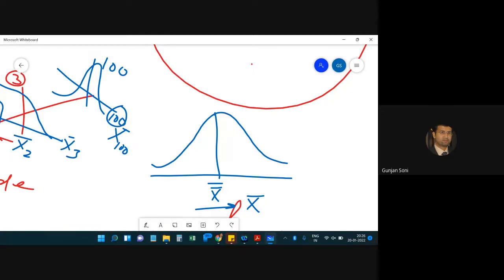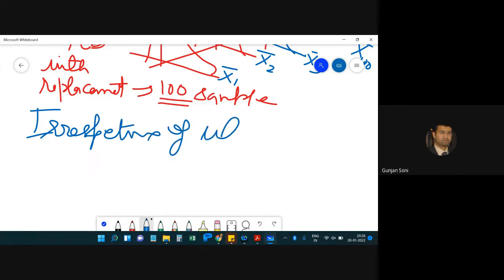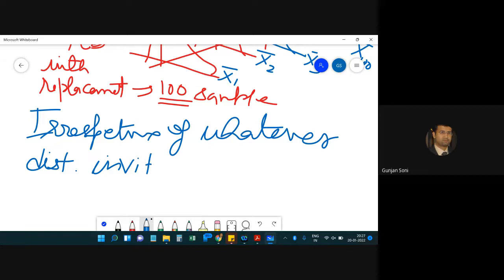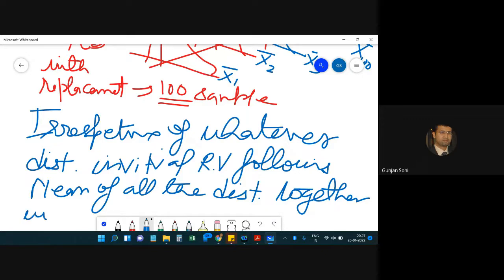So it says that irrespective of whatever distribution an individual random variable follows, the mean of all the distributions together will follow normal distribution.